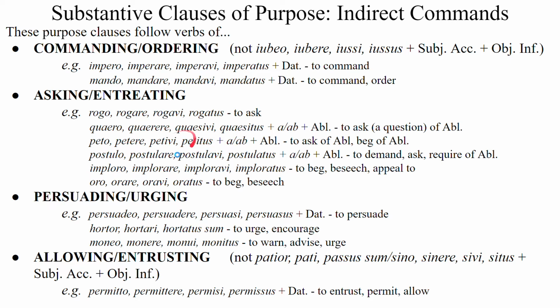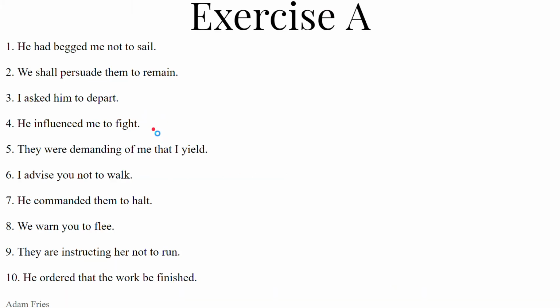The last three take ab plus the ablative to show of whom you are asking this thing. So if you're going to use one of those three, instead of accusative eum, you're going to use ab eo. I'm just going to go ahead and use the transitive rogo.